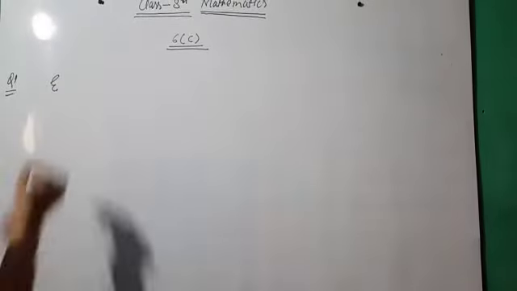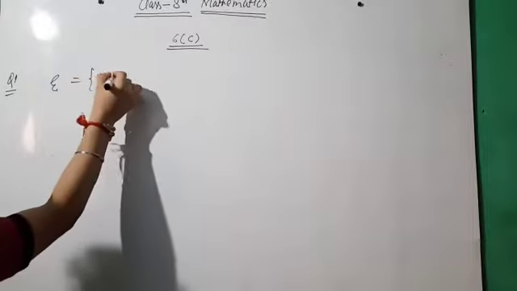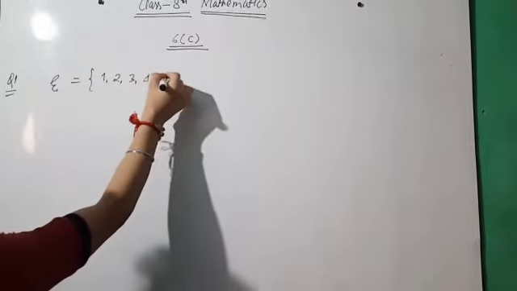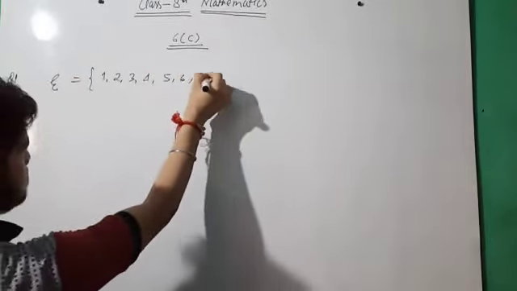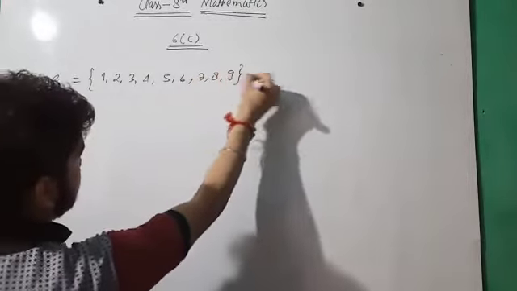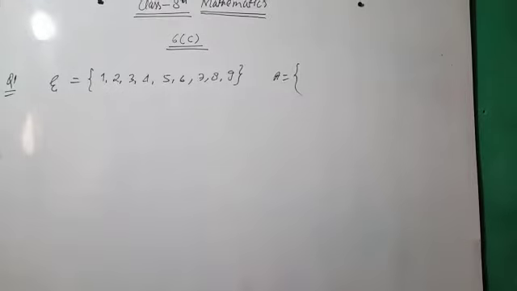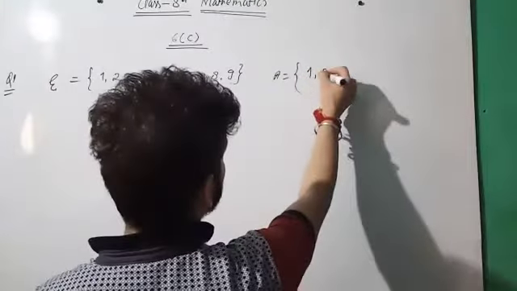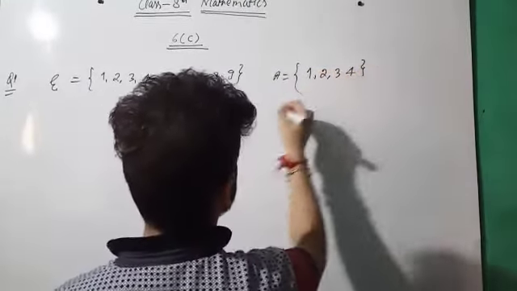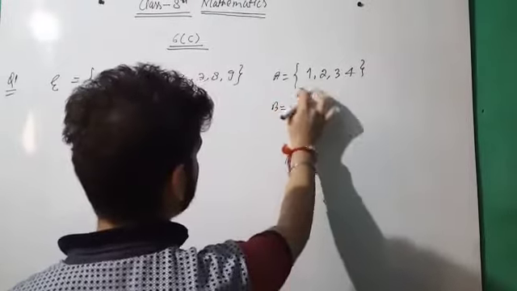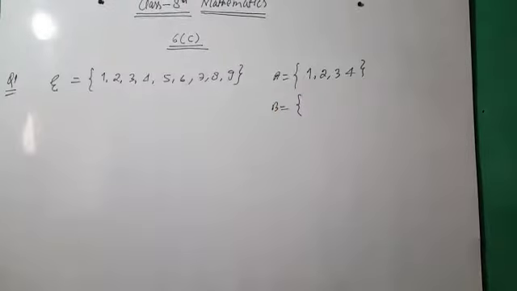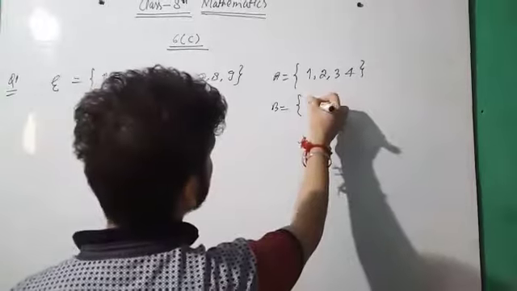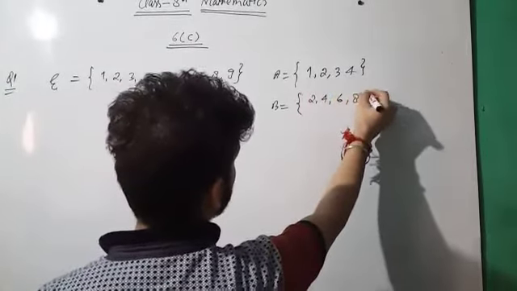First we have the universal set 1 2 3 4 5 6 7 8 and 9. Now the second set A has 1 2 3 4. Then B has elements 2 4 6 and 8.